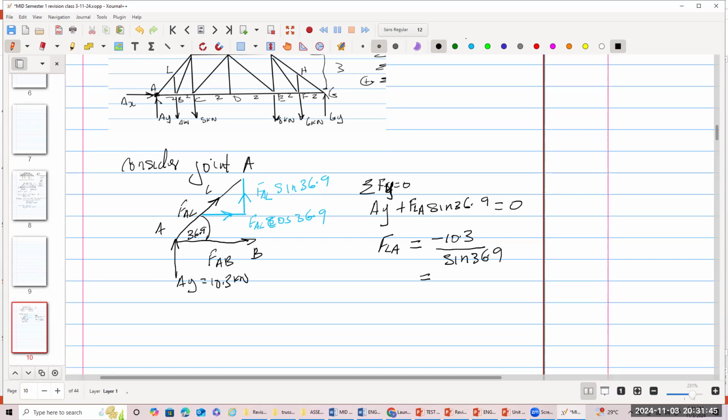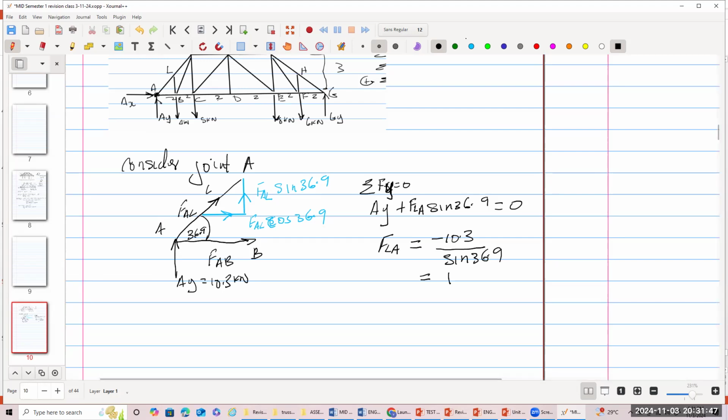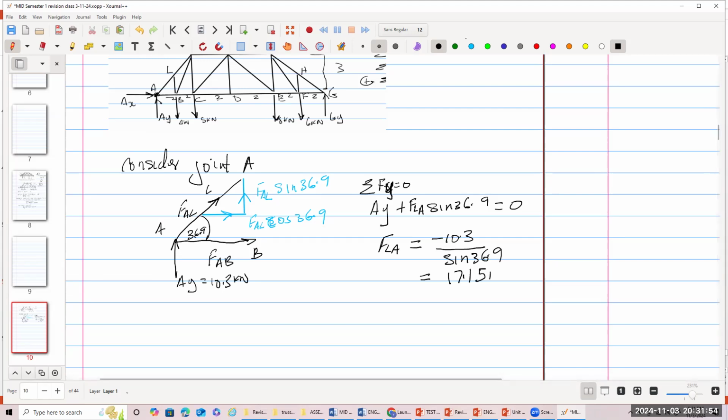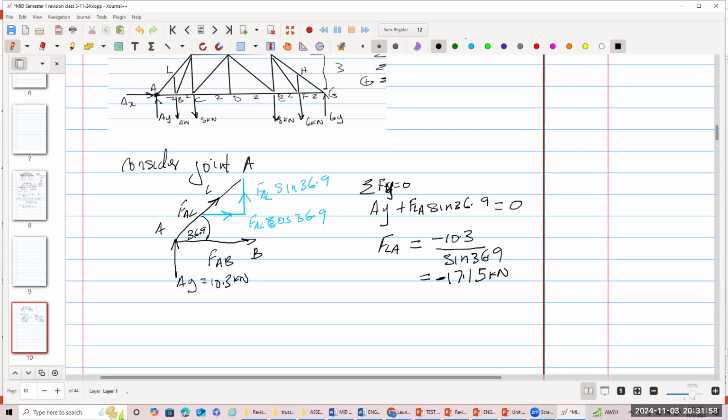So you get 17.1, 17.15 kilonewtons, and that is minus. So we see that this is a compressive force. You could write it as 17.2 and put a C, kilonewtons, to tell you that it is in compression. All right, we're not finished.